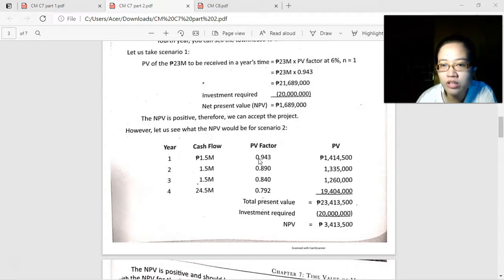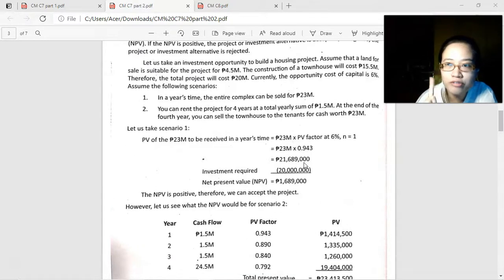Okay? 1.5 million times 0.943, ito yung present value niya. 1.5 times 0.89, ito yung present value niya, and so on. So, yung total present value niya is 23,413,500. Bawas mo yung investment required, 20 million, NPV niya is 3,413,500. Mas malaki.